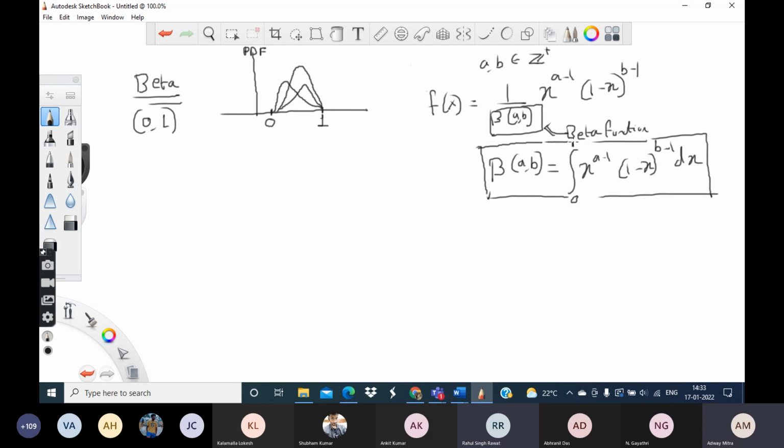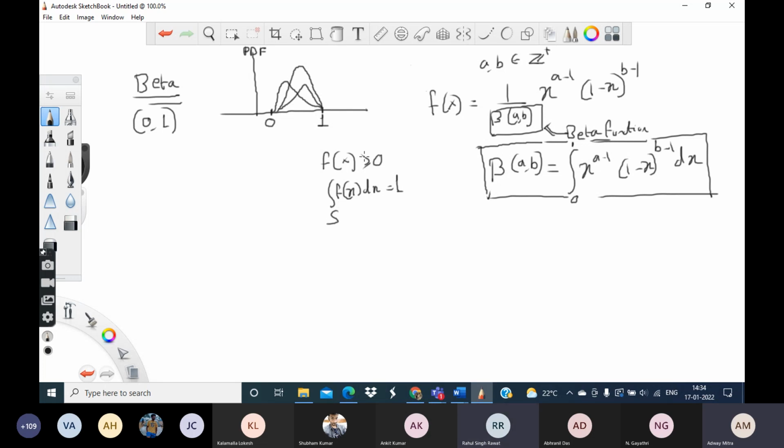Now when I claim that this is the PDF, first of all you will have to check whether it satisfies the conditions of a PDF or not. What is the condition of a PDF? In its support set it has to be non-negative, and its integration over the support set will have to be equal to 1, right?